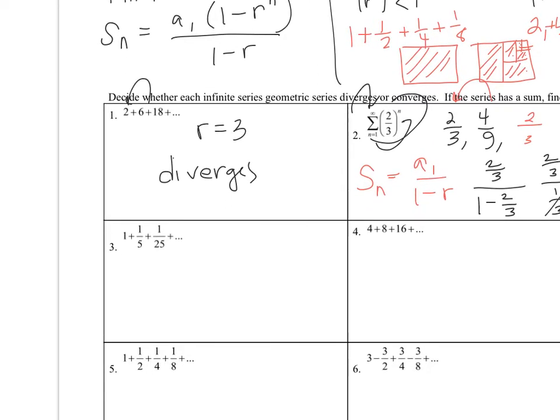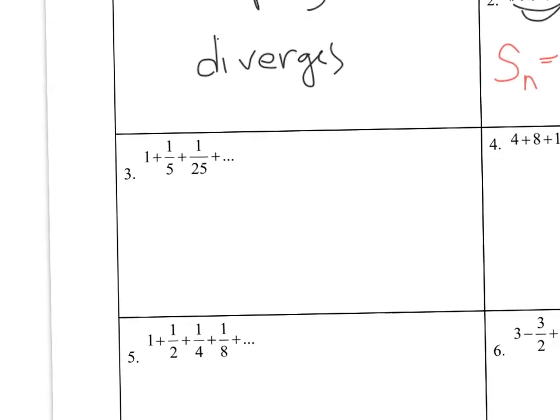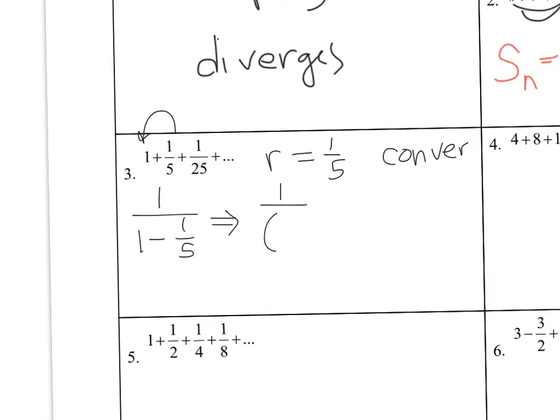Okay, let's check number 3. Find the common ratio. 1/5 divided by 1 is 1/5. So it converges. Now I'm going to do the formula, which is a sub 1, which is 1, over 1 minus the common ratio. So this is 1 over 4/5, because 1 minus 1/5 is 4/5.